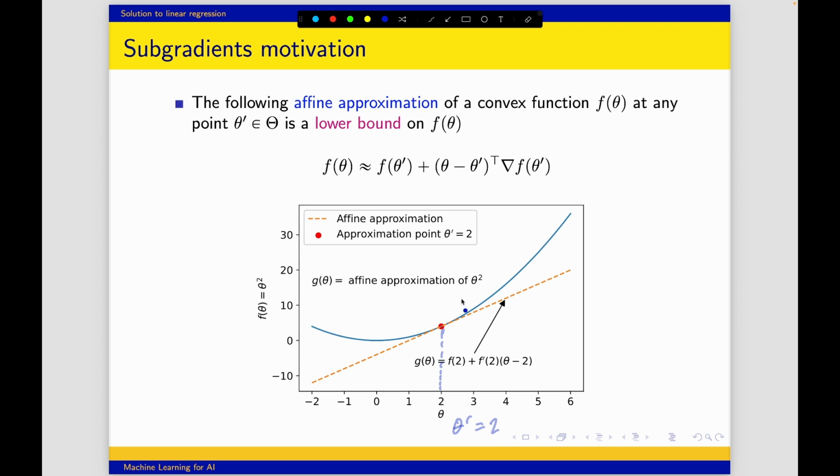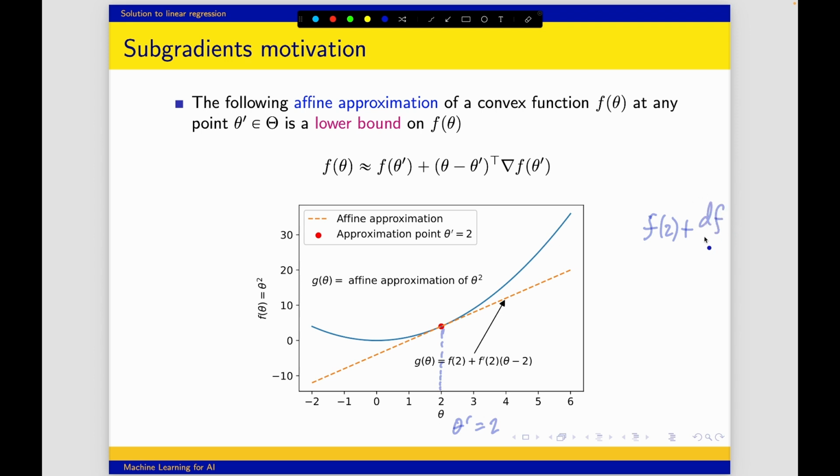What we're saying is that this affine approximation, which is a first order Taylor series expansion of our function around here. In the case where theta is a scalar, our affine approximation is going to be the function f at 2 plus the derivative of f, df by dx.